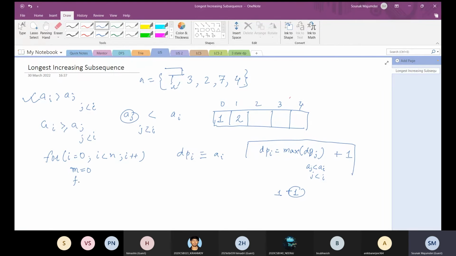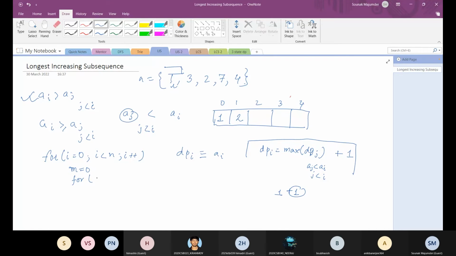So for j equals 0, j less than I, j plus plus.